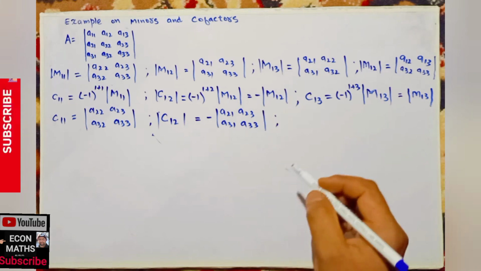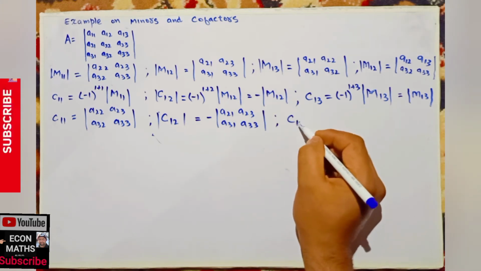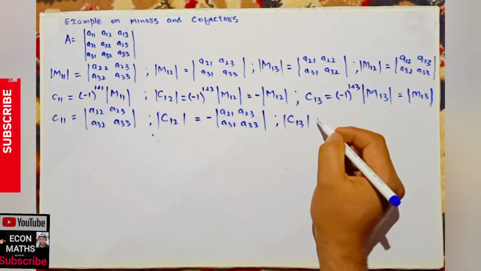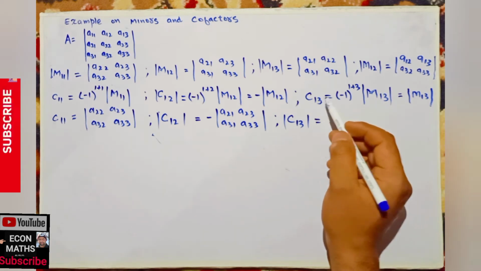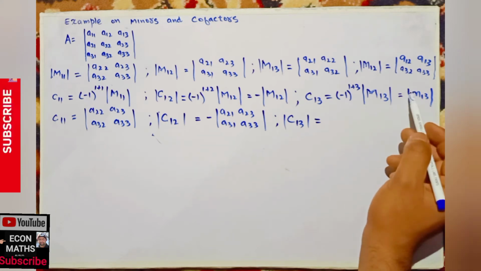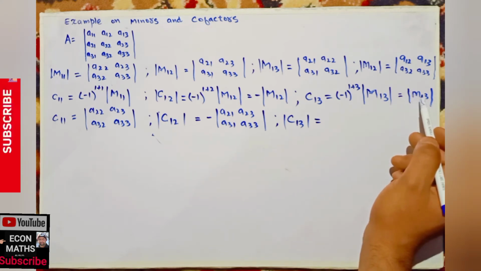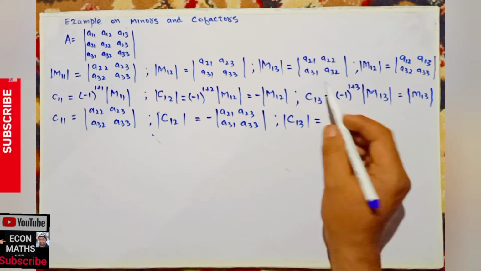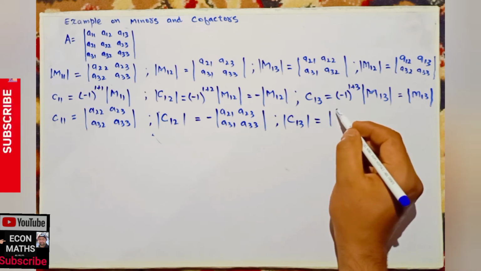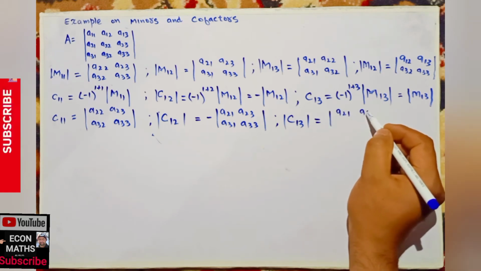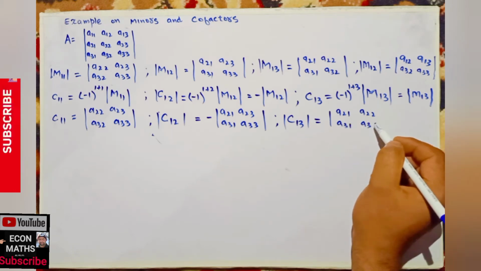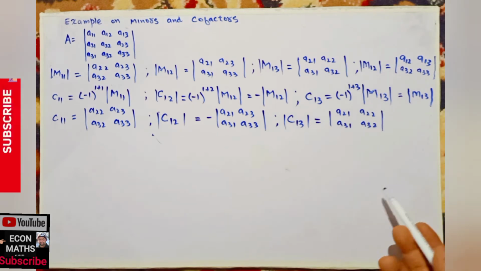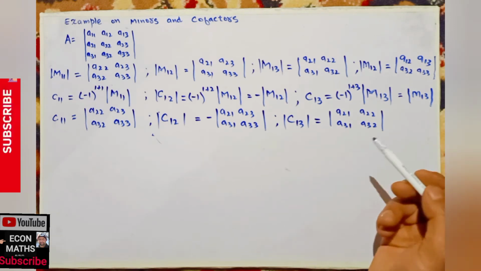Similarly, the third cofactor c13, the sign of the third cofactor is positive, as we have seen, and our minor at that place was a21, a22, a31 and a32. So accordingly we can find the sign of the minor.